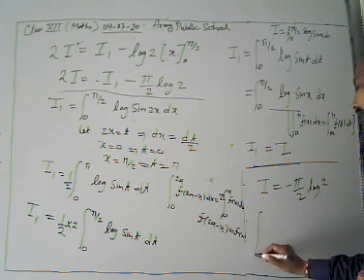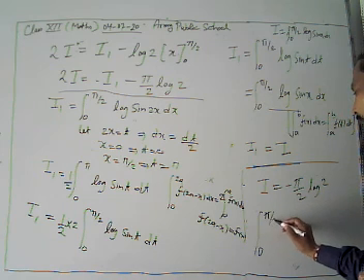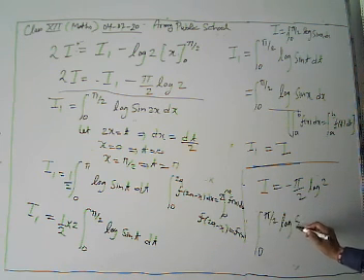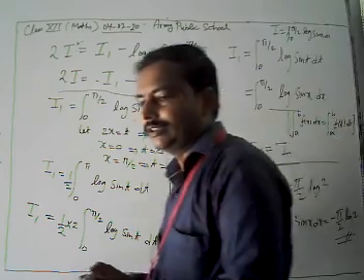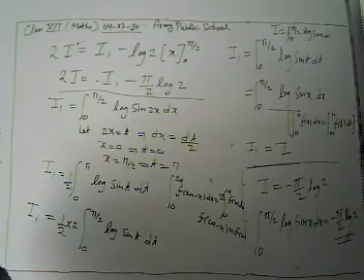What is our I? Integration over 0 to pi by 2 log sin x dx is equal to minus pi by 2 log 2. This is our required result.